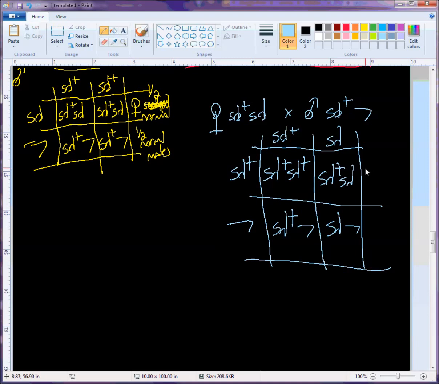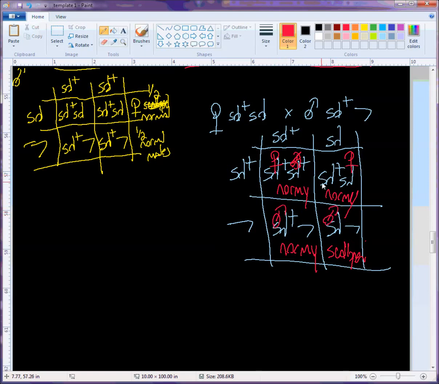And what we end up with, let's see, normal here, we have a normal, we have a normal, and this one is scalloped. Okay, and we have female, female, male, and male.